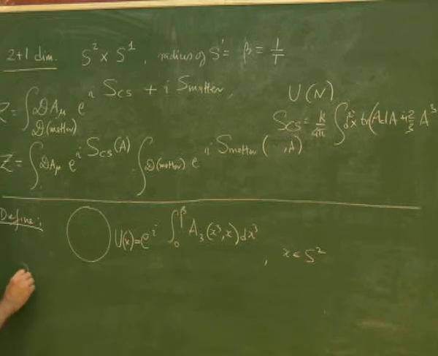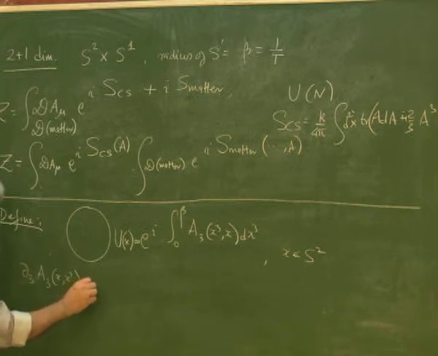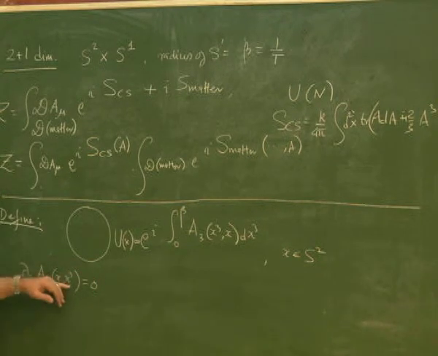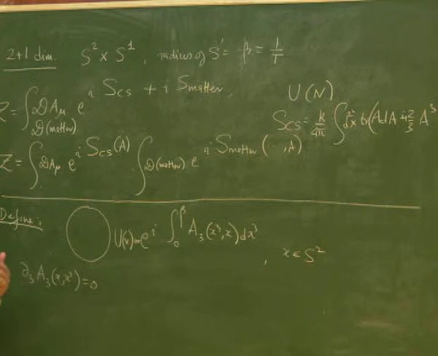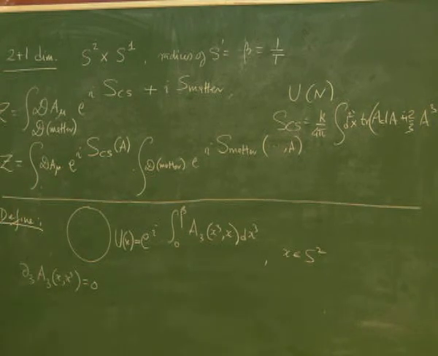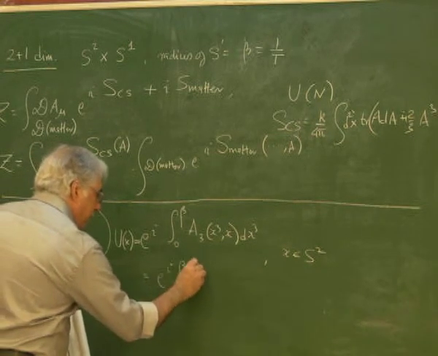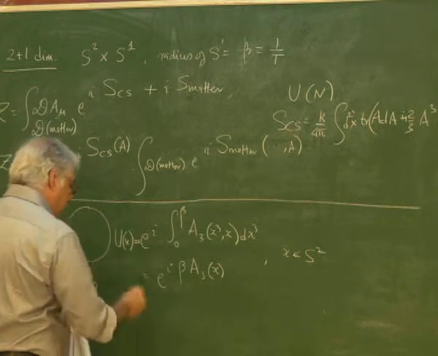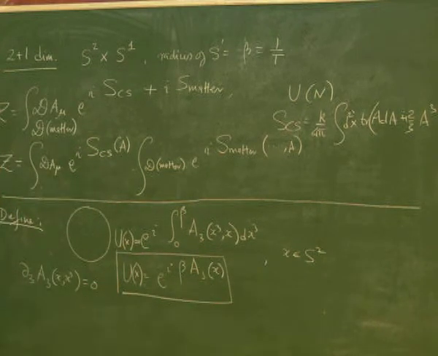But for the moment, I will fix a gauge which says that the third component of the gauge field is independent of x3. This is the nearest you can get to the axial gauge A3 equal to 0 because you are on a circle, so at least you have to admit finite connections on the circle. So this then becomes e to the I beta times A3, which is only a function of points on the sphere. This is a definition.